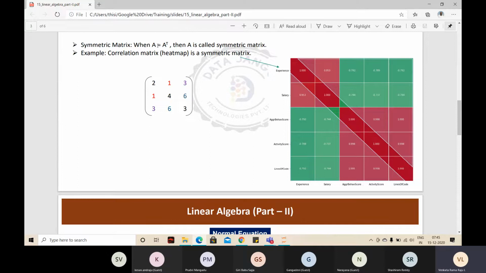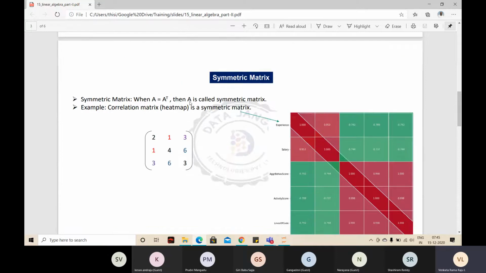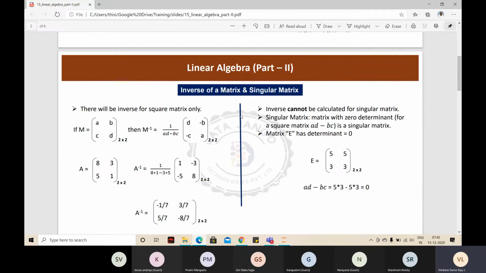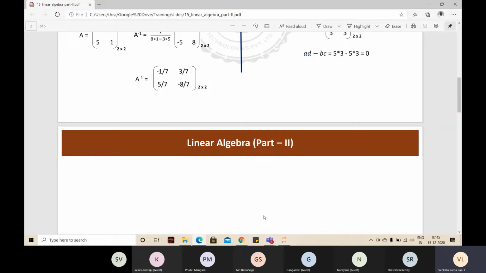A transpose is equal to A. Is A inverse equal to A also there? No, A inverse is not. When you multiply two matrices and you get an identity matrix, that is called an orthogonal matrix. You will see that now in the eigenvalue eigenvector decomposition. So when there is no inverse for a matrix, we call that a singular matrix.